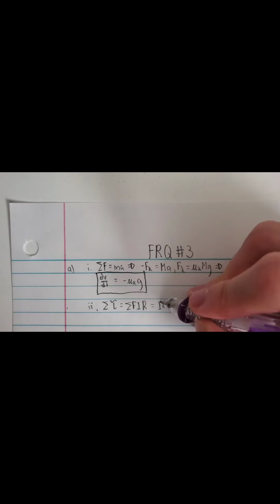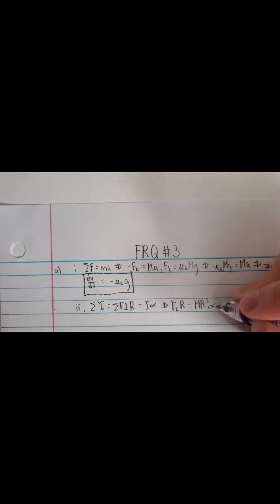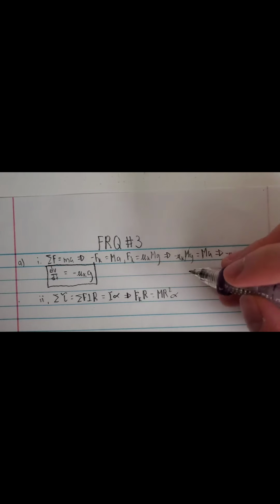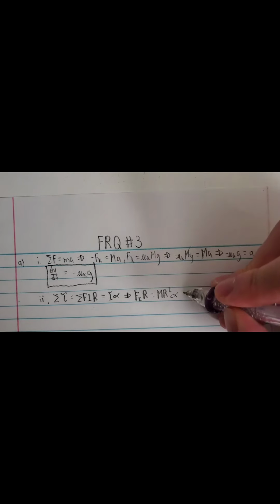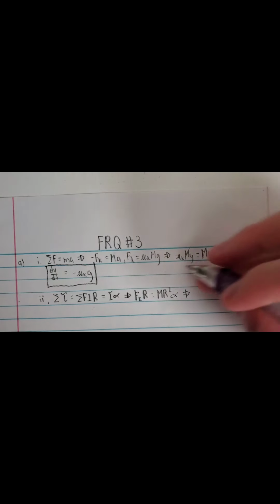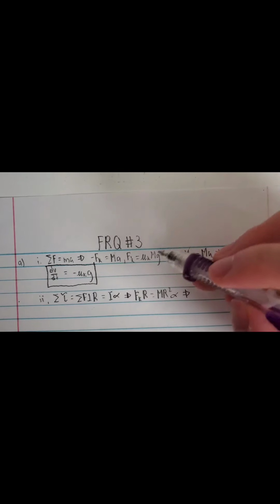The moment arm is r still, and I'm going to substitute my moment of inertia in, which is mr squared, and alpha stays the same. So at this point, I can cancel out one of the r's and substitute in Fk.